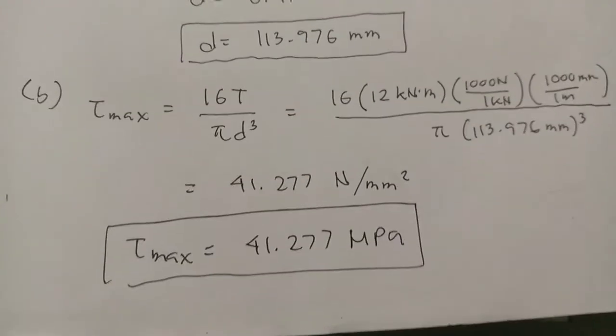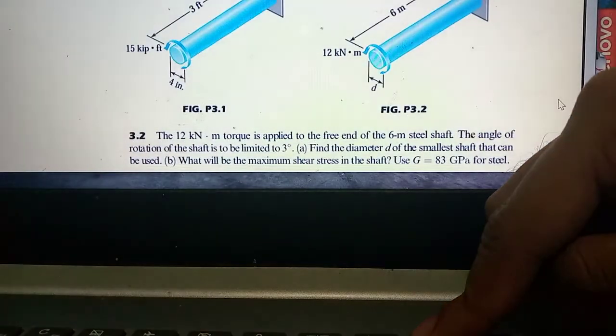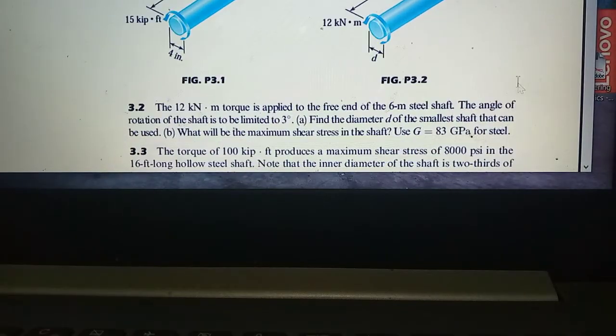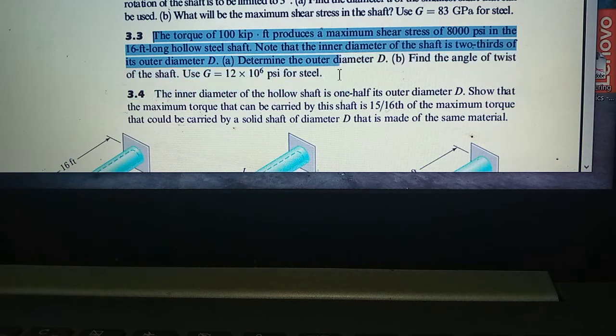Okay, so we'll try another example. We turn it out to 3.3. The torque of 100 kip-foot produces a maximum shear stress of 8,000 psi in a 16 feet long hollow steel shaft.